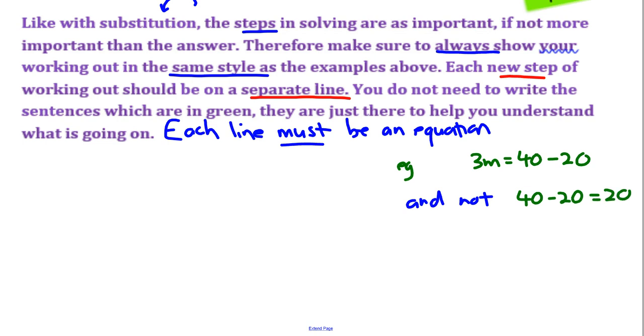See that? The first one's an equation because you've got the equal sign and you've got terms either side of the equal sign, and there's a variable in there somewhere, there's the m. On the second one here, there's no variable, so it's not an equation anymore.